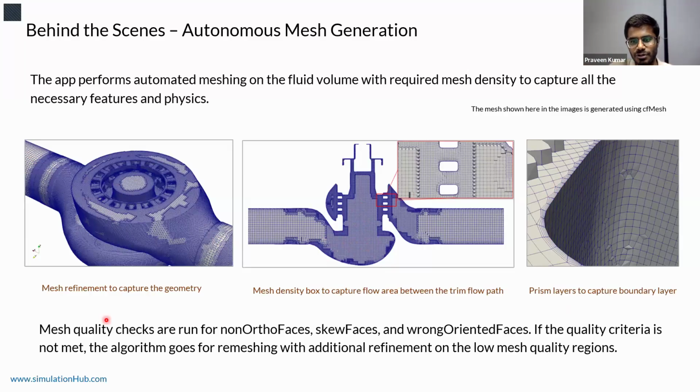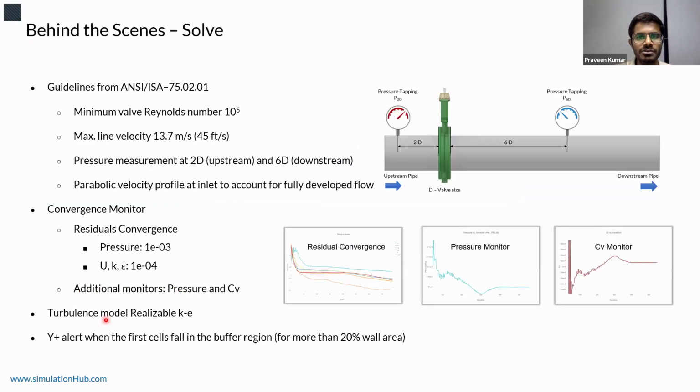When the quality is not up to the mark or any failure is observed, the algorithm does mesh refinement, does some quick fixes to improve the mesh quality, and then goes to the solver. All these things happen autonomously. On the solve part, the residual convergence and pressure monitoring also happen autonomously by the app itself.